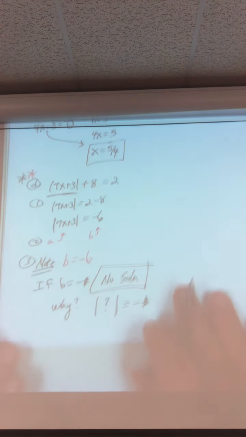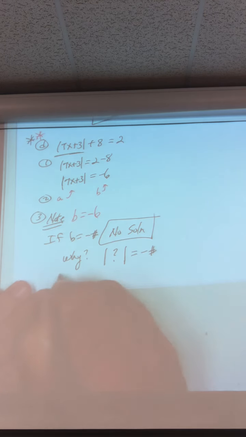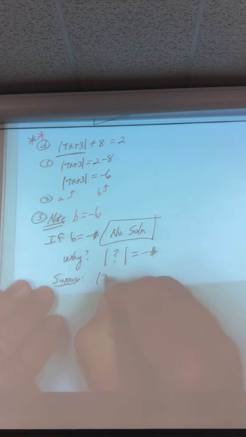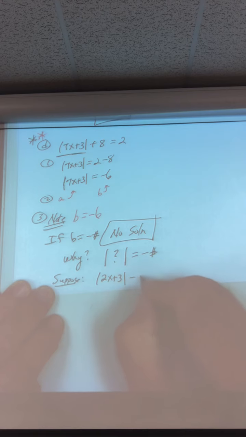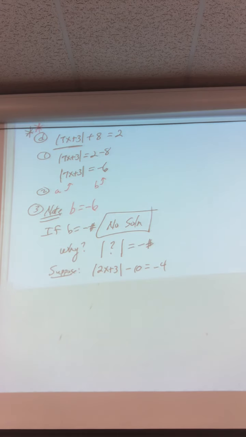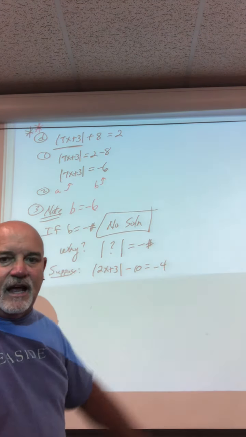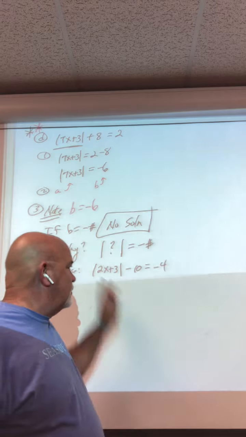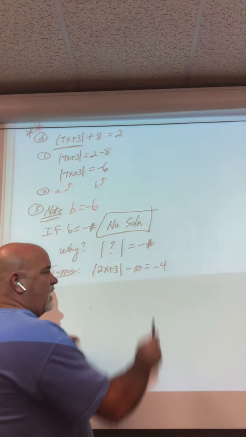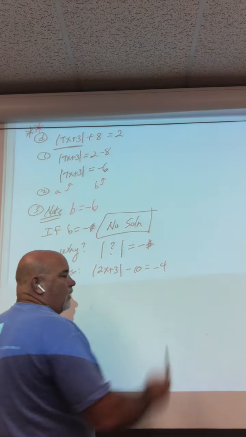Let me caution you about one other thing. Suppose I was going to solve this problem. We're not going to work this, I just want to show you. I've put a problem like this before on test and asked students to solve this, and I'll have a bunch of students say, this one's no solution. And you'll say, why'd you say it's no solution? And they'll say, well, because B is -4. No, it's not.